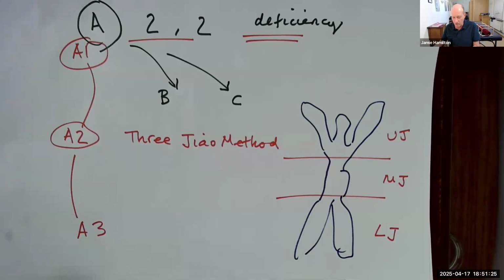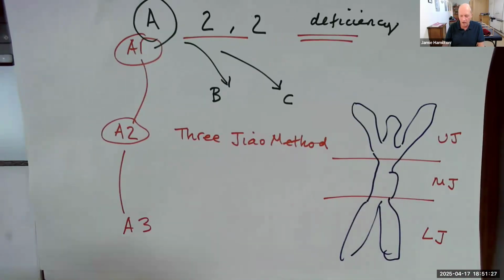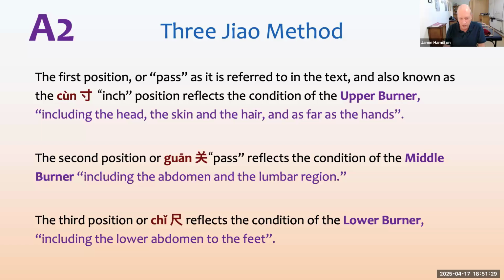And this comes out of the Jing directly. And I will show you. In fact, I'll go through the description here. So the first position, or the first pass, as it's referred to in the text, is for the Sun position, reflecting the condition of the upper burner, as I just drew.